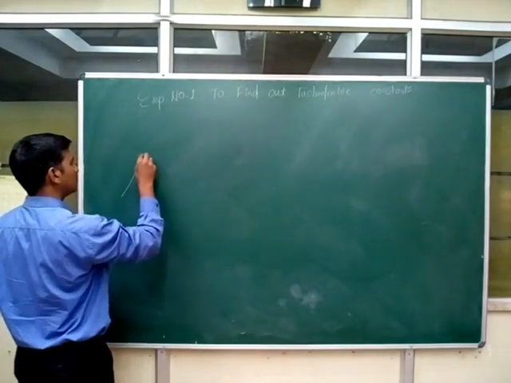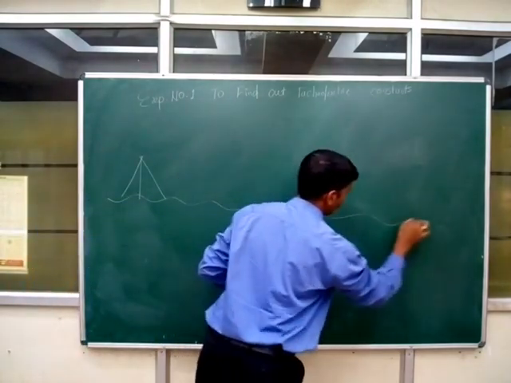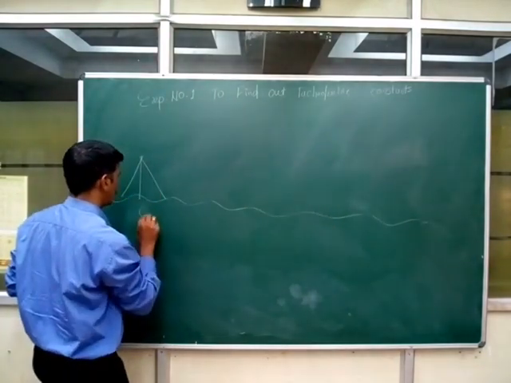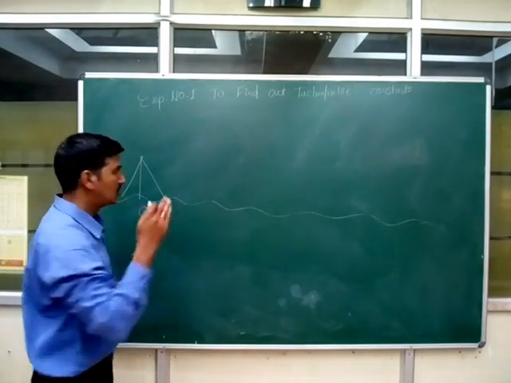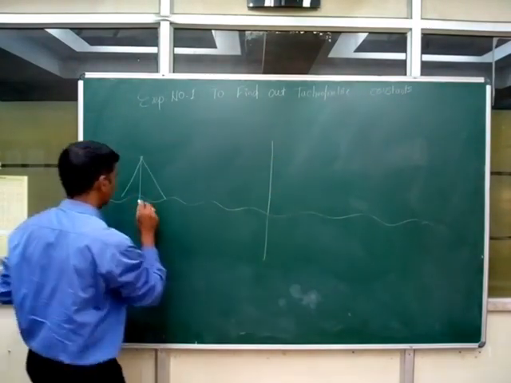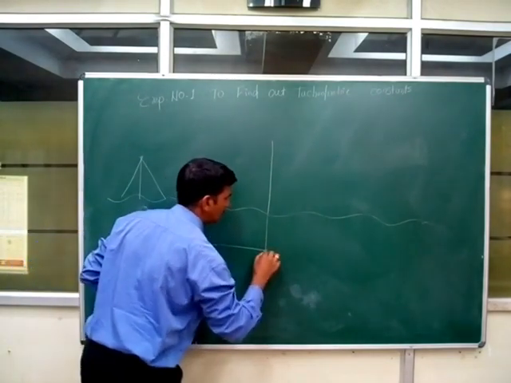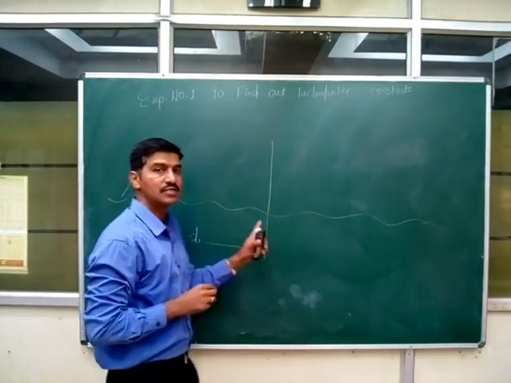We will keep the tachymeter at, say, station O. At distance, say, D1 from the instrument station, we will keep the first staff.